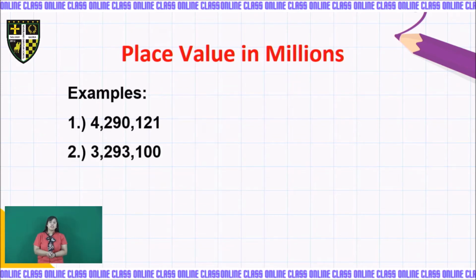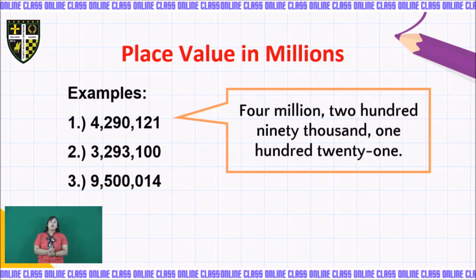Next one is 3,293,100. Next one we have 9,500,014. So the first one is 4,290,000, 121. For 90, no need to put a dash, but for 21 we should put a dash, and then a period.